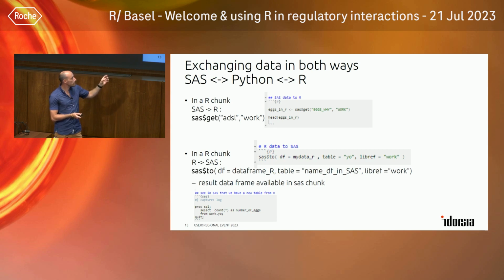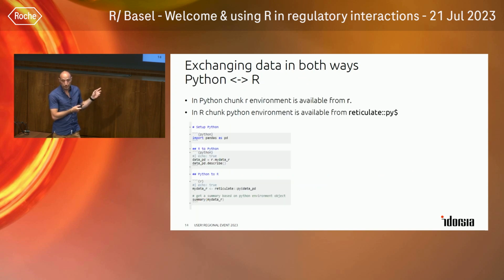Then to send a dataset to the SAS workspace, you use sas$to. You say which R data frame you want, what the table will be, and what libname. And then you can check in the SAS chunk whether you see the table or not.